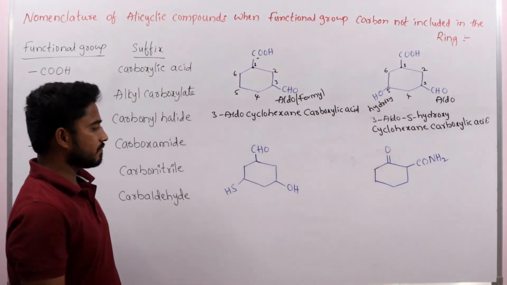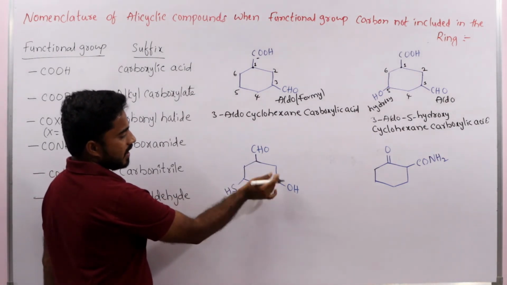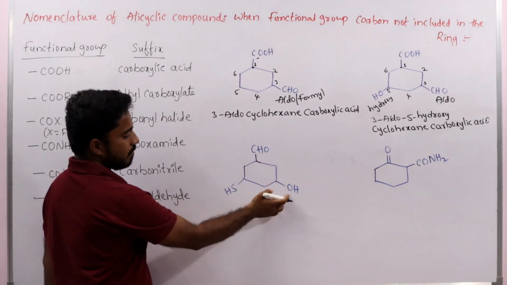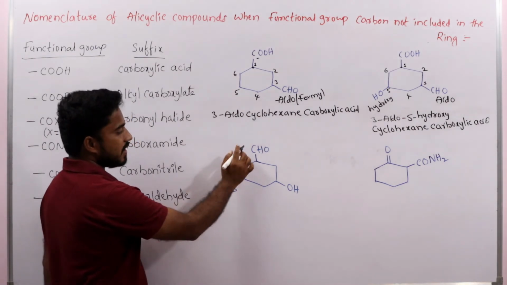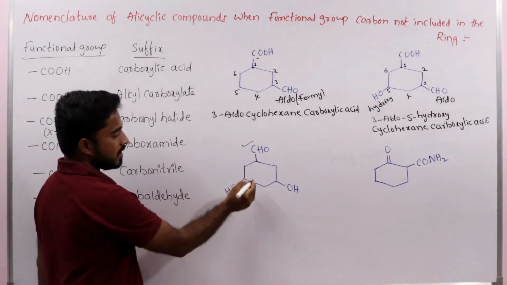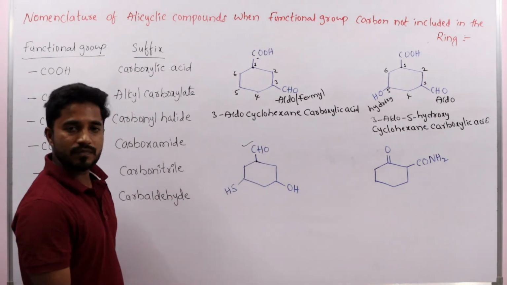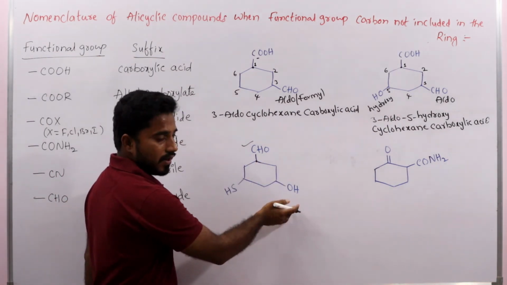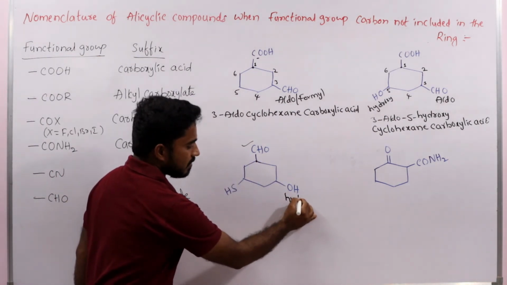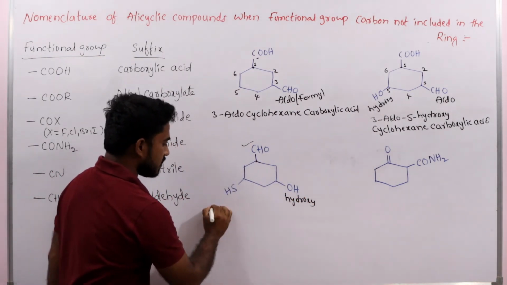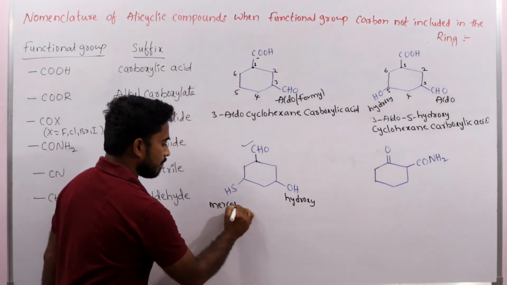So in this case, here also 3 functional groups: CHO, OH, and SH. In this, CHO is the main functional group. That's why we have to start numbering from this carbon. Then we have to proceed like this. Okay. So for OH the prefix is hydroxy. For SH the prefix is mercapto.